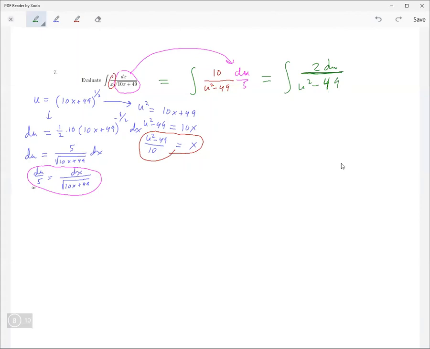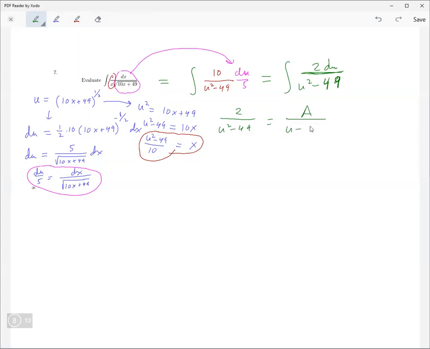Okay, and then at this point, what kind of an integration does this look like? Partial fractions. Yes, exactly. Partial fractions. Okay, so let's go ahead. So we just run partial fractions on this.